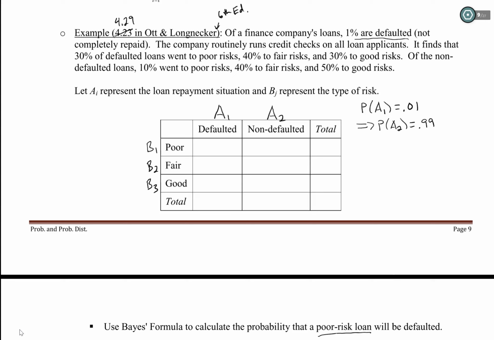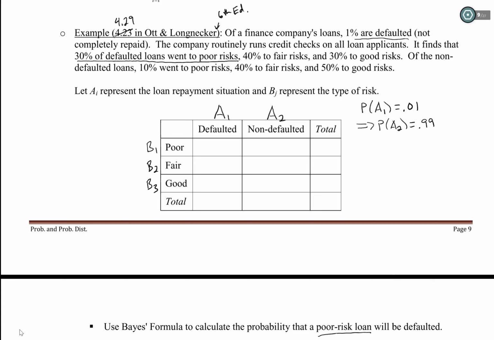We also get a little bit more information here. This next piece of information: 30% of defaulted loans went to poor risk. This is something the bank could look back at past data and get that kind of information, that of all the defaulted loans they had, how many of those were classified as a poor risk.